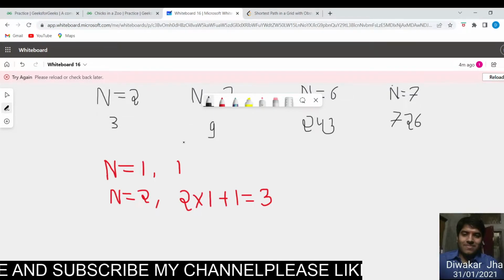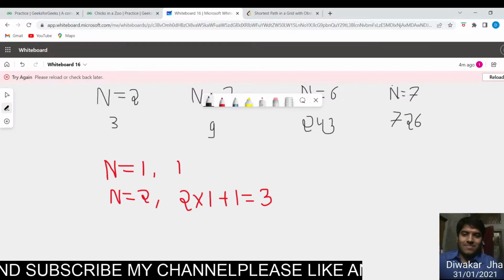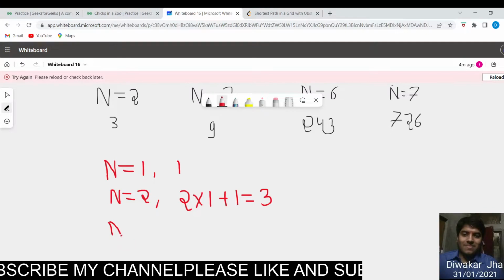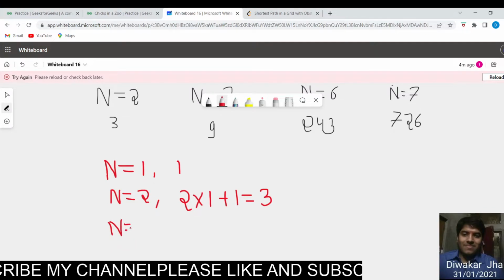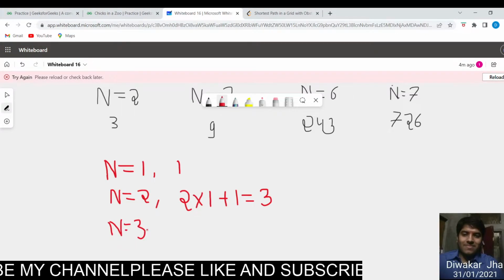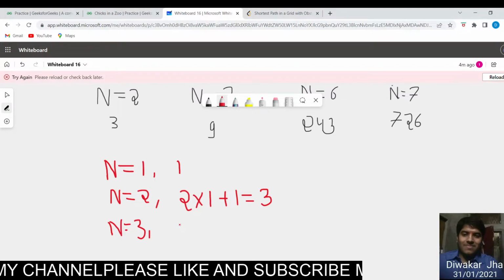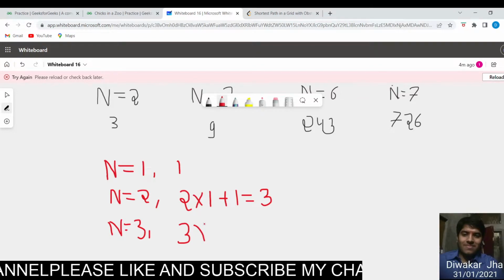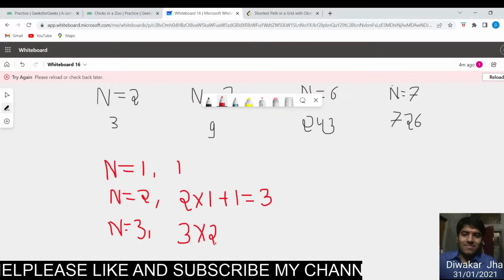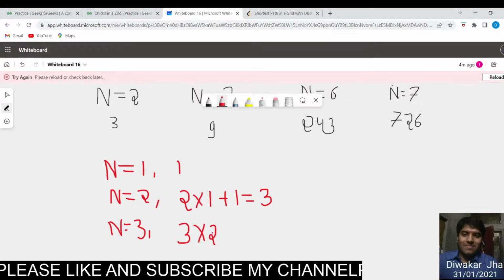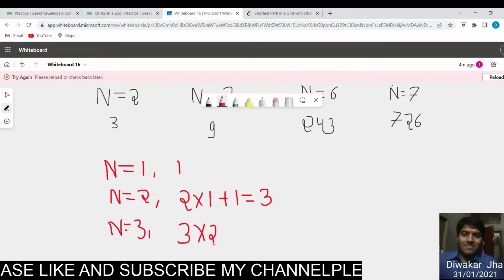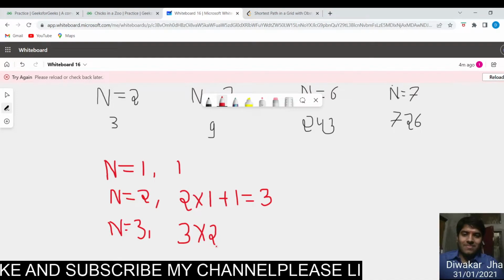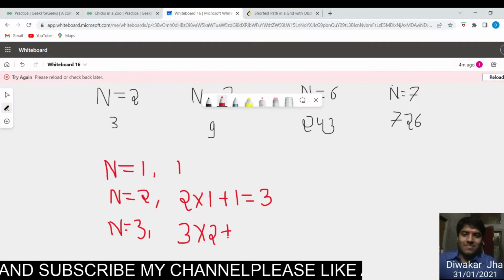On day 3, please listen carefully. In the zoo we have 3 into 2, because the 3 chicks on day 2 will each produce 2 more chicks, plus the previous chicks.